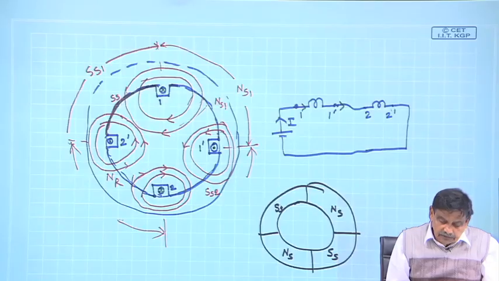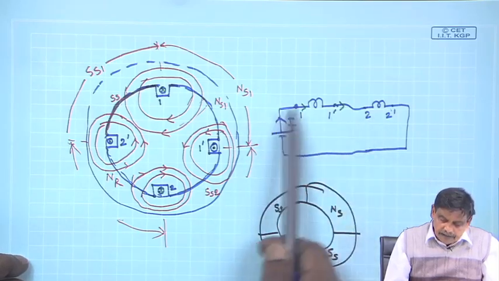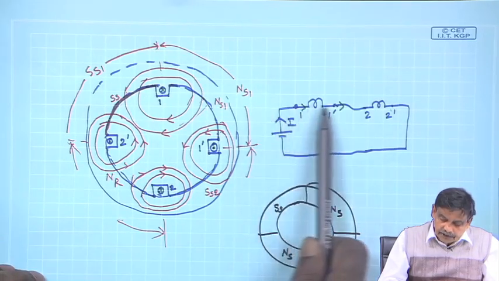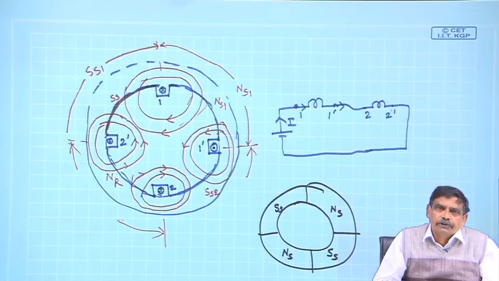So the terminals 1 dashed and 2 dashed are available to me, and I will connect them in series like this. Then you pass some current to test how many poles the machine is going to produce.